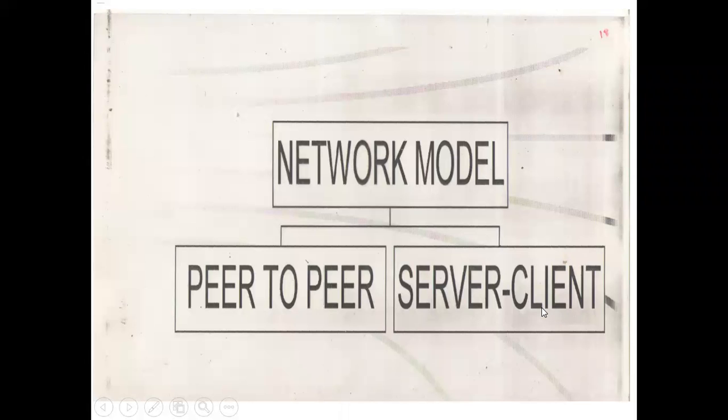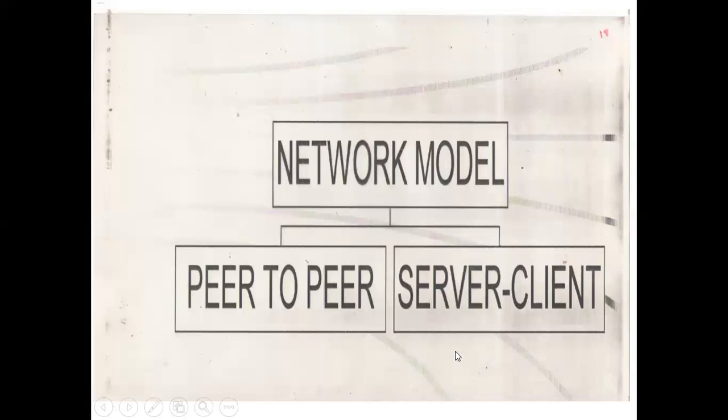Now we will start with the network model. Any communication, whether it is local area network communication or internet communication, any PC or any laptop should be classified either as a peer-to-peer system or a server client based system. In two models only, any PC which is connected in LAN or in WAN can be configured.